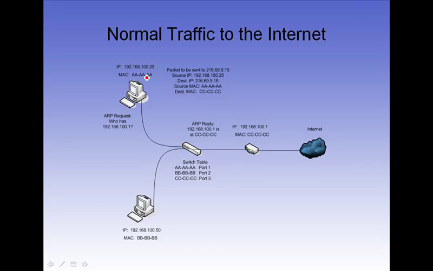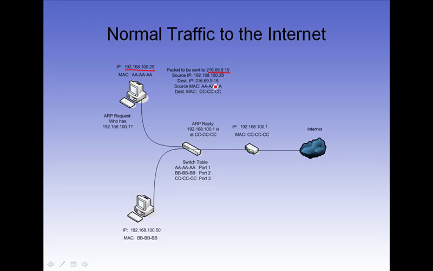Now in this case we're going to send a packet to, I just wrote down the IP number at the college, 216.69.9.15. It doesn't matter what this is. The fact is it's different. It's on a different subnet than the sending computer.